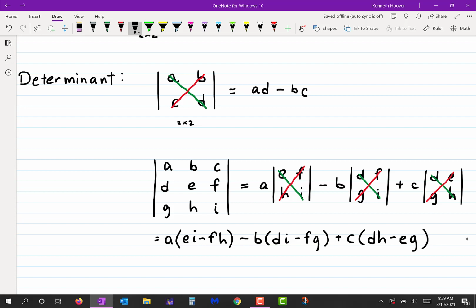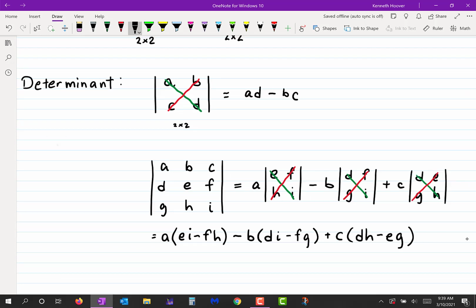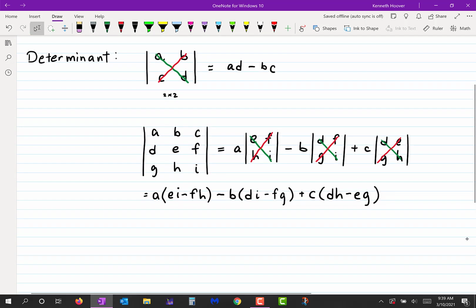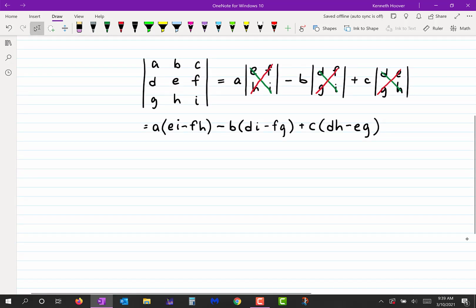Okay, now I'll show you another way of writing that. I wouldn't call it really a shortcut. It's just another way of doing it that a lot of people find easier to remember.